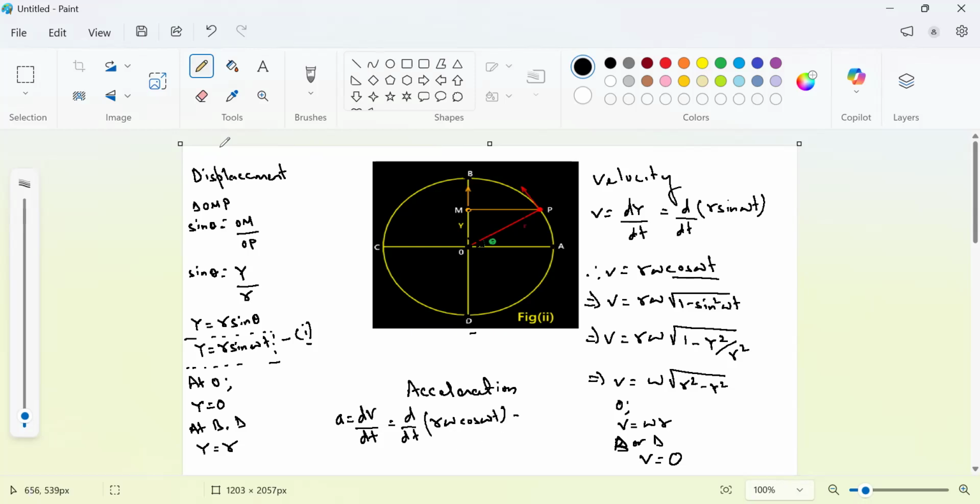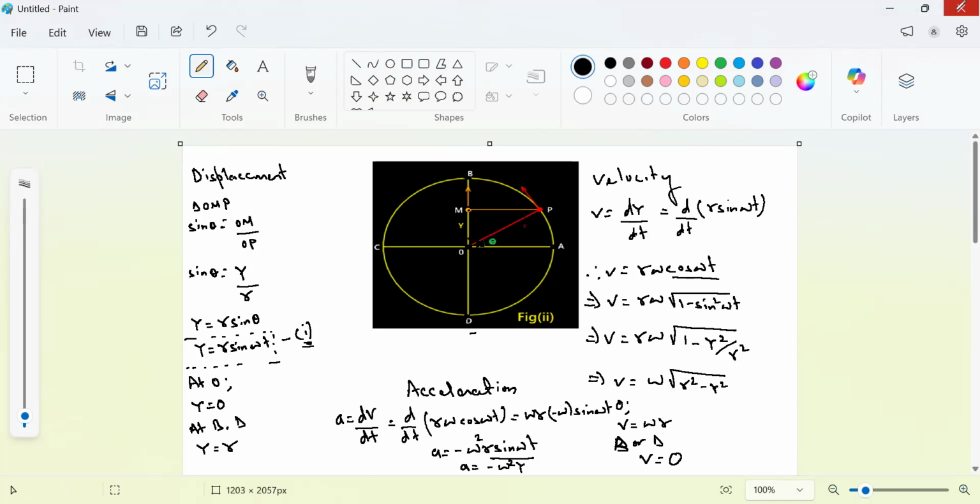So this can be further written taking omega R, being constant, outside of the derivative, and the derivative of cos omega t will be, as you know, minus omega sine omega t. So acceleration equals minus omega square R sine omega t. And from expression 1, we know R sine omega t equals y. So this can further be written as a equals minus omega squared y.